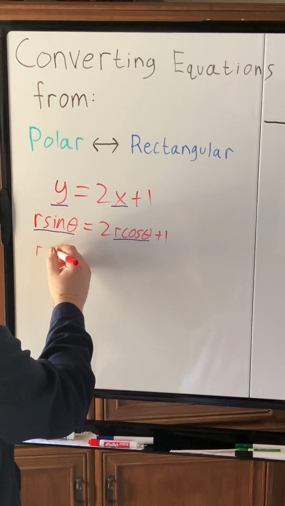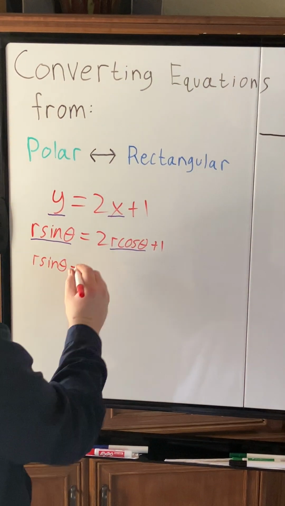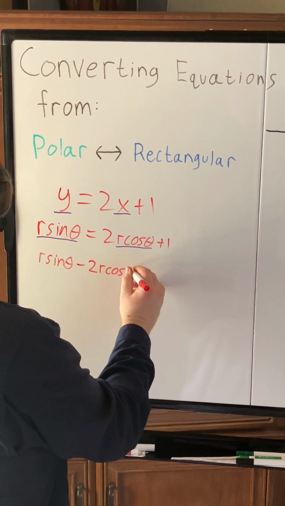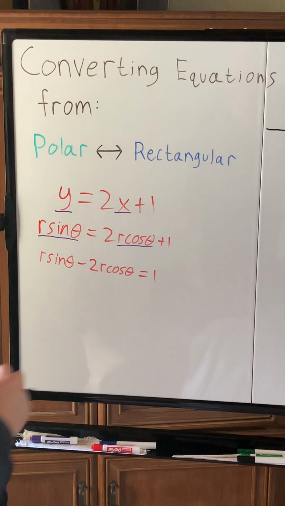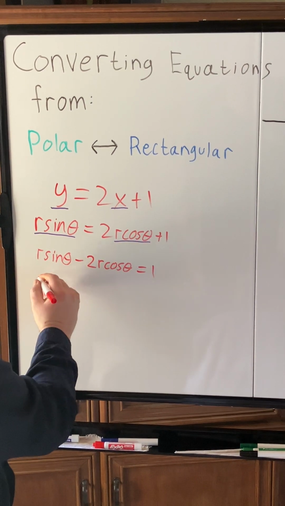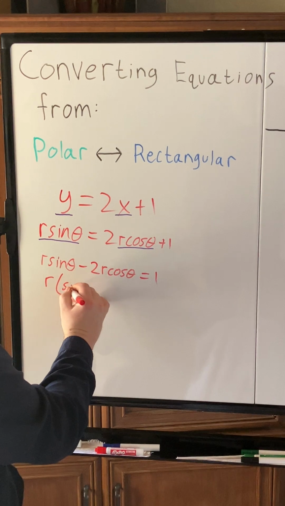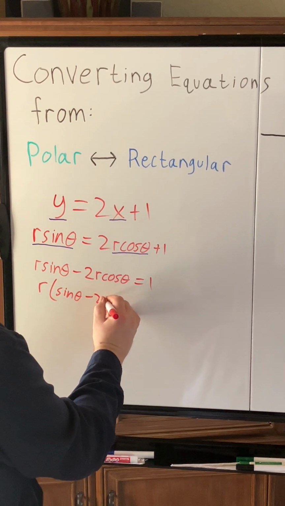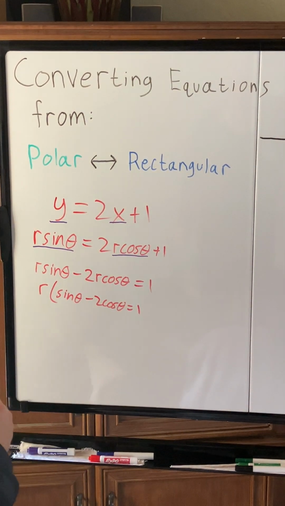So I'm going to have r sine theta minus 2r cosine theta equals 1. Now I can factor out an r. So I have r times sine theta minus 2 cosine theta equals 1.